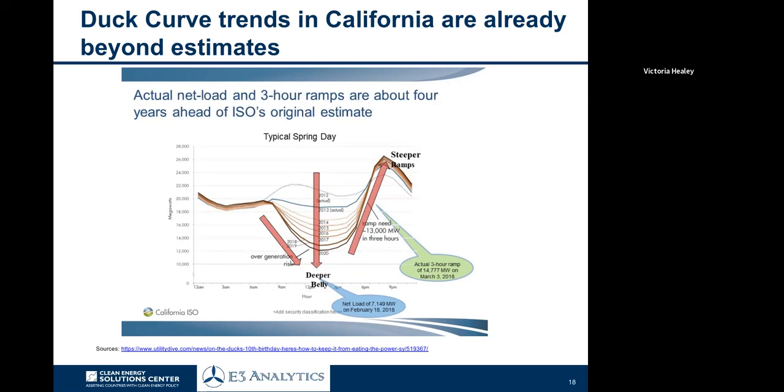So we are seeing increasing strains on the system, and this really screams out for a solution. So the curve can get steeper and steeper, the belly can get deeper and deeper, and create a host of challenges for the operation of the power system.